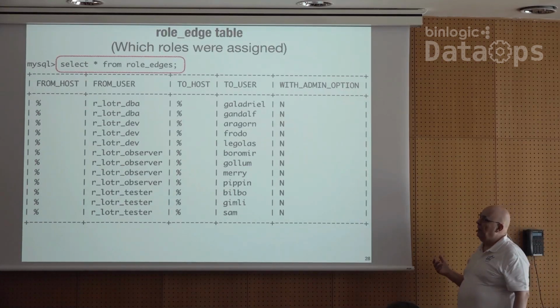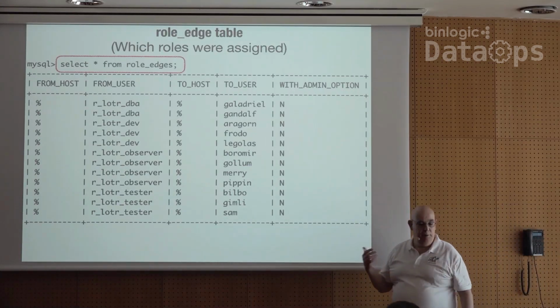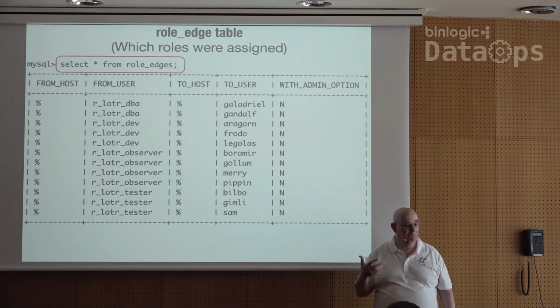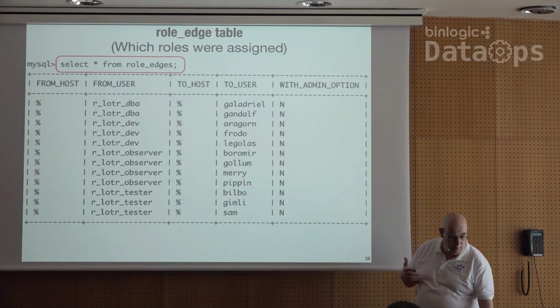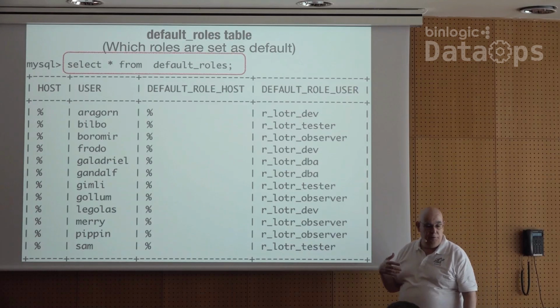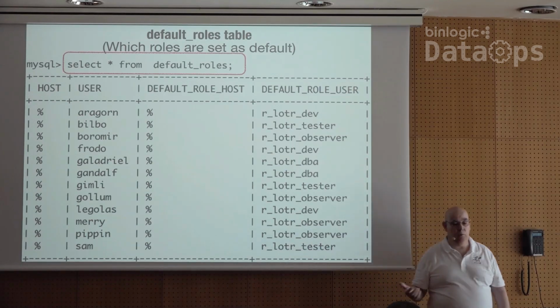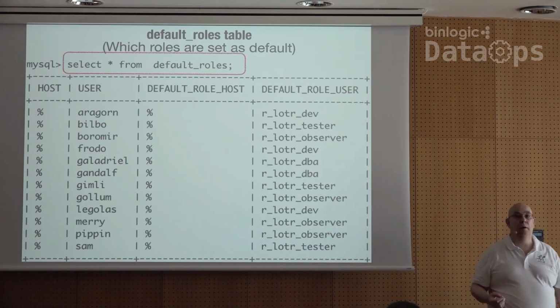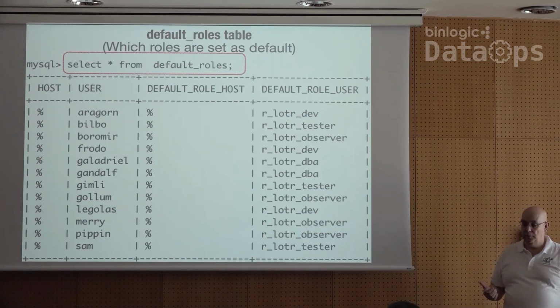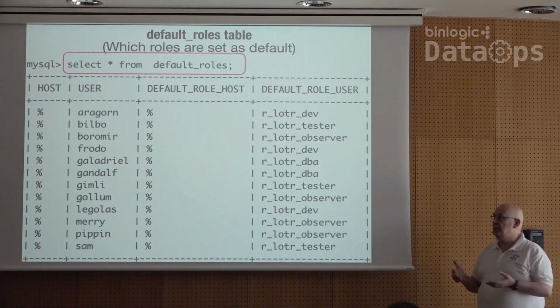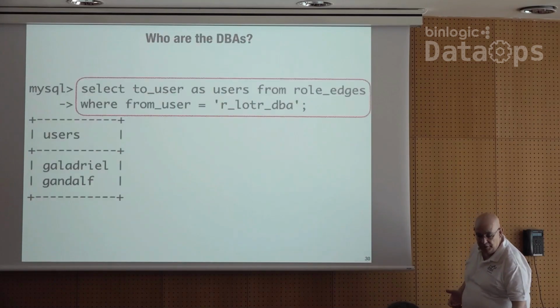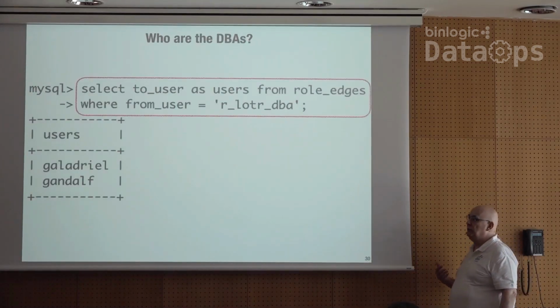The role edges is what you expect. You will see a list of roles assigned, and default roles, you will see the list of roles that are set as default.